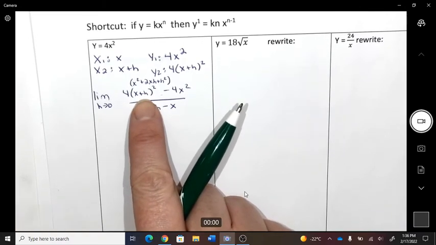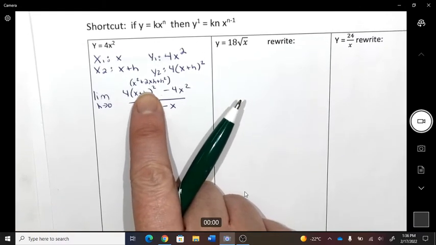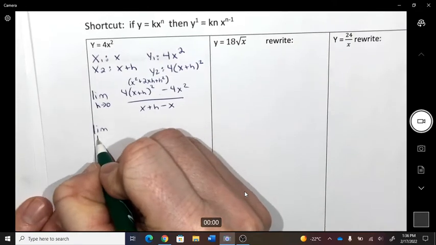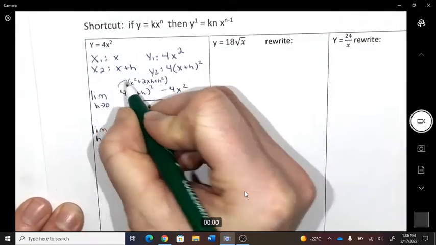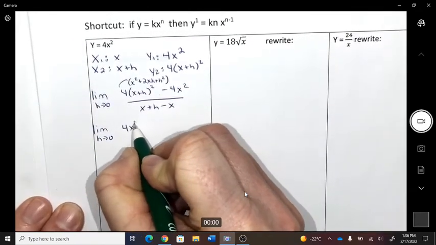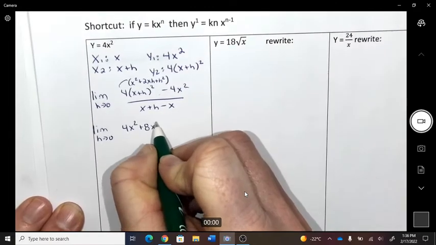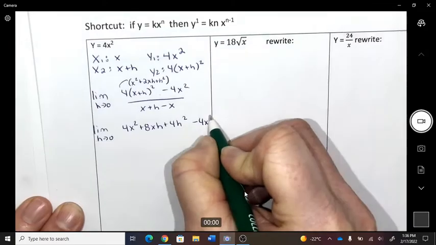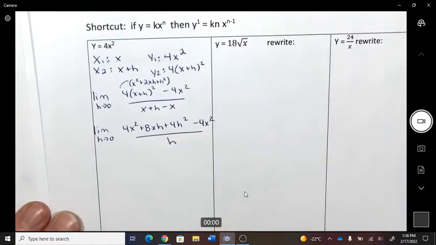So either just do a foil on the side, or you can think about your triangle. Okay, so then I'm going to multiply it by 4. So 4x squared plus 8xh plus 4h squared. The bottom is always just an h. That's how it's always going to be. And that's why we can't plug our h in, because it makes a bottom of 0.